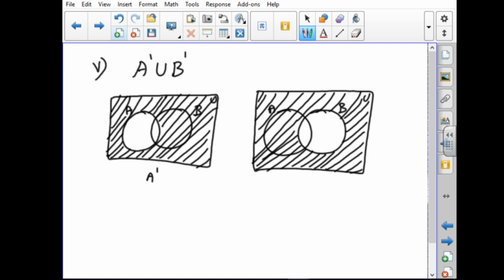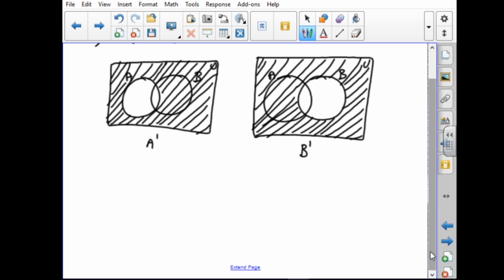Okay, this is your B dash. For a Venn diagram, you can use scale and pencil. Don't use pen. Okay, again I am telling you.